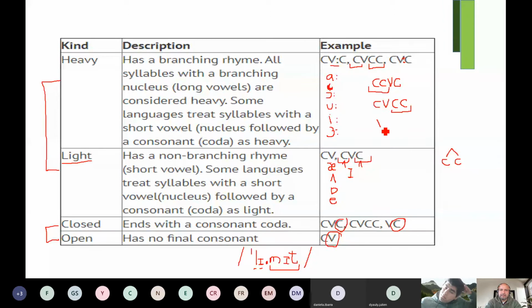This is going to be called a heavy syllable because it has a long vowel sound as the nucleus. So there are important factors to call a syllable heavy: it should have a long vowel sound, or a branching coda, or a branching onset. Remember, branching means two or more consonant sounds.